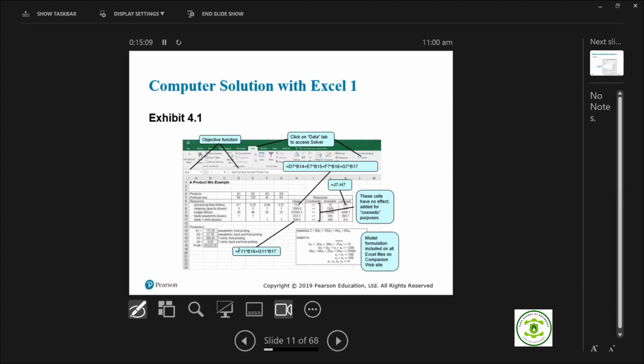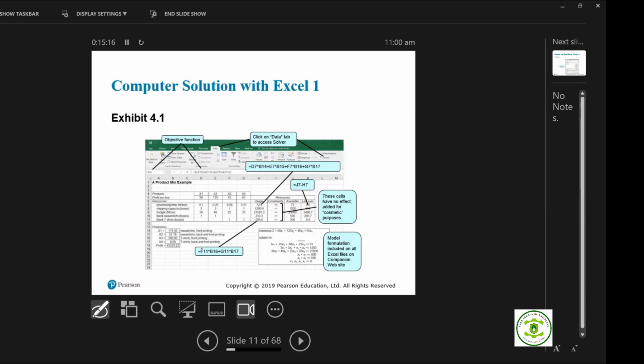Exhibit 4.1 is an Excel sheet. When you open it, this is the information that you have in it. But you are not going to have this pop-out illustration. This is for teaching purposes. You will see that we have already entered the values there.